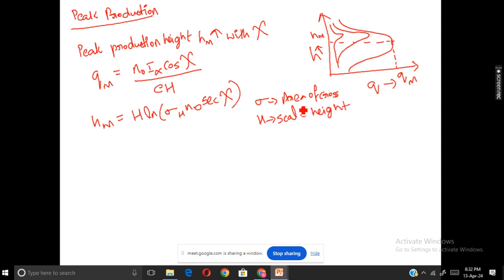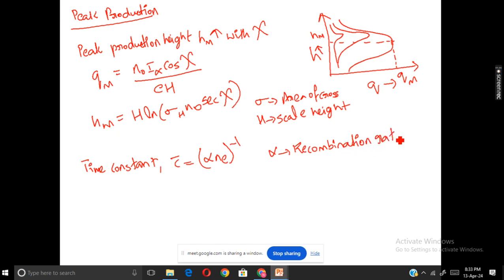This is for Hm. Now the time constant tau is given by alpha Ne the whole raised to minus 1, where alpha is the recombination rate and Ne is the electron number density.